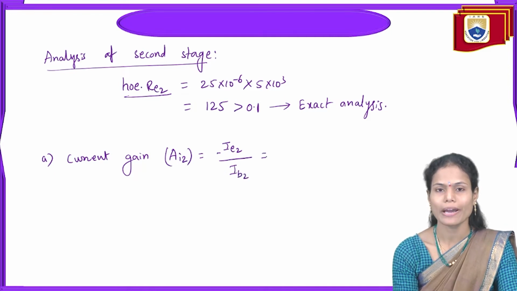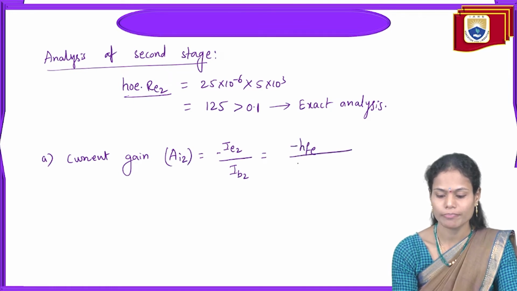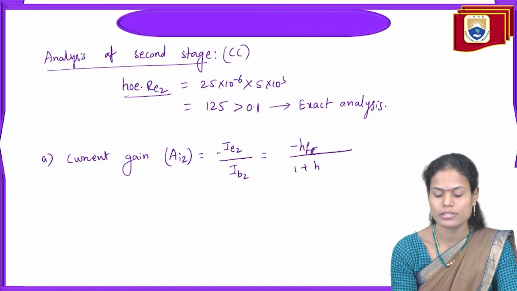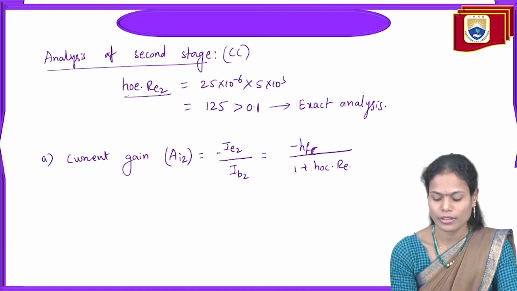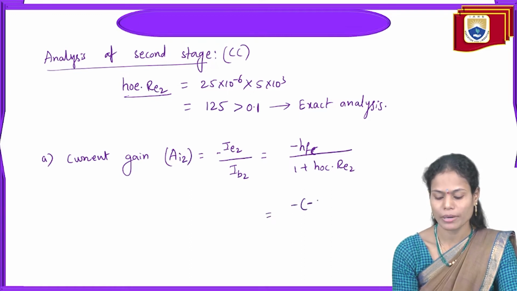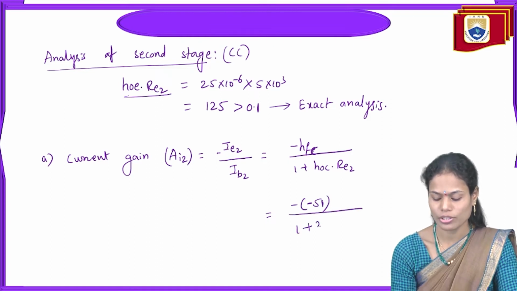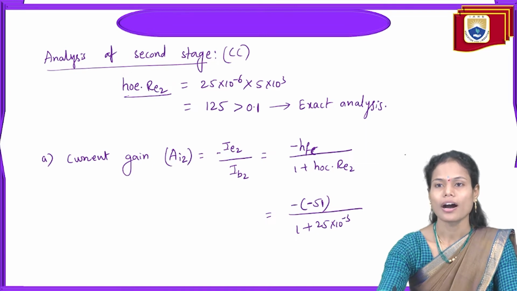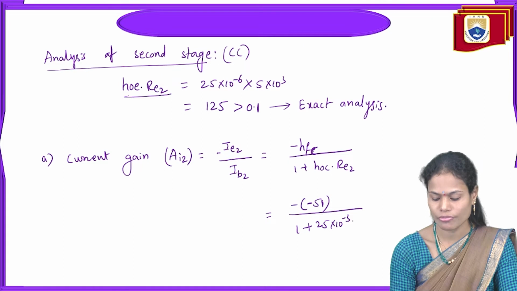So in terms of h parameters, if you write, this formula is hfe by 1 plus, the second stage is a common collector stage, so it is minus hfc by 1 plus hoc into the RE2 resistance. So the hfc value is minus 51 divided by 1 plus the hoc value is 25 into 10 power minus 3, and the RE2 resistance value is 5 kilo ohms.